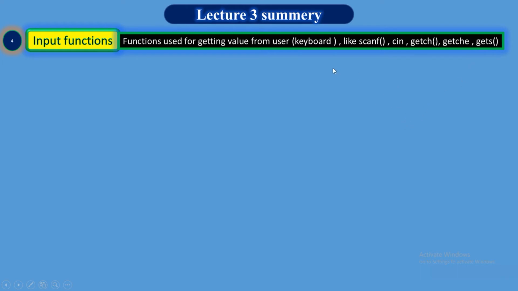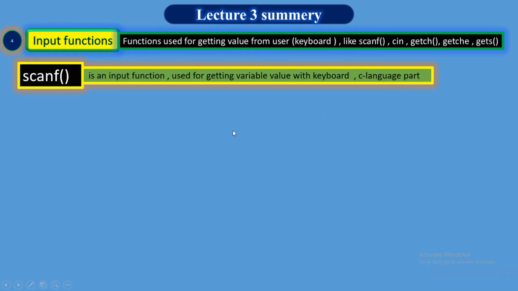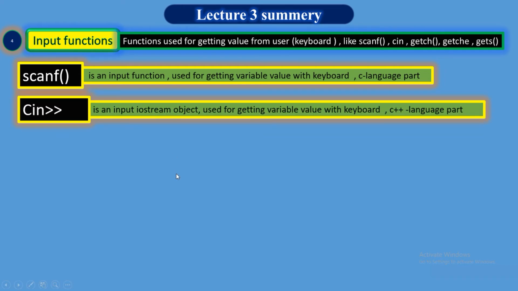In our course, we use only scanf and cin. Scanf is an input function used for getting values from the keyboard. Scanf is a part of the C language, while cin is an object of iostream used for getting variable values from the keyboard. Cin is a part of the C++ language.